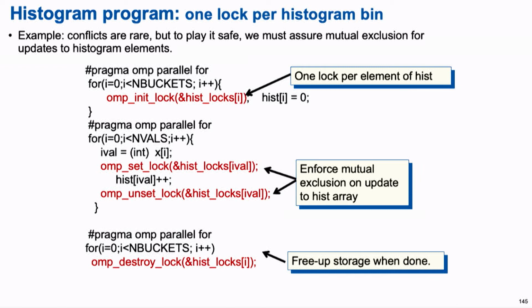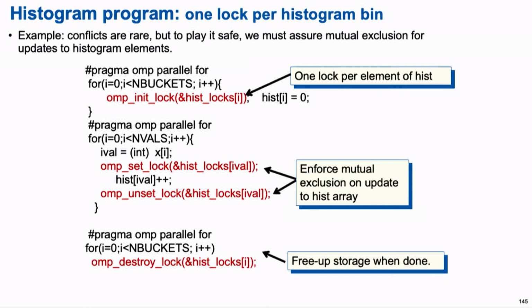So this trick, where I have a data structure and an array of locks so that I'm locking at each element of the data structure, not the whole structure, is how you would do this. So you can initialize an array of locks, and now I go through, and my mutual exclusion lock is at the level of one lock per bin.